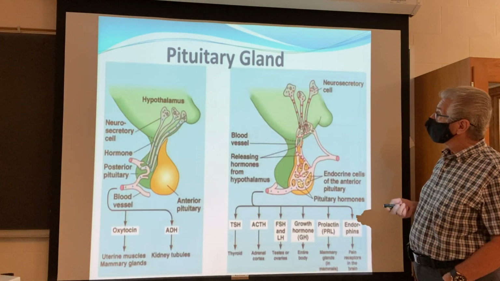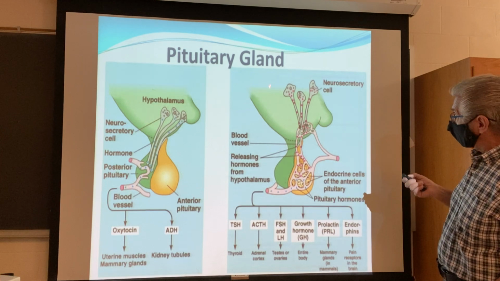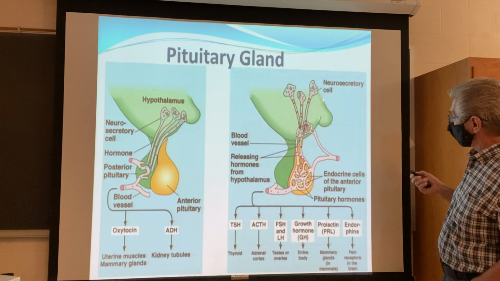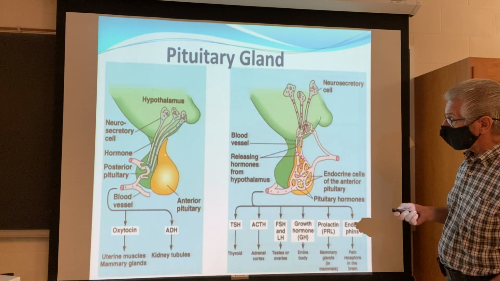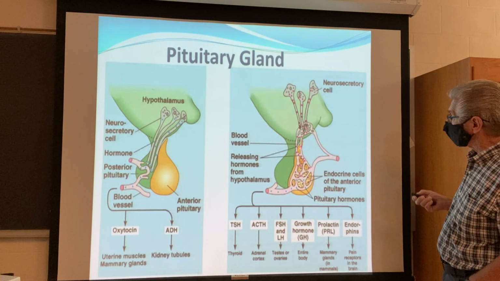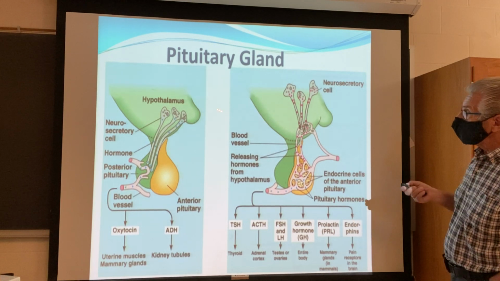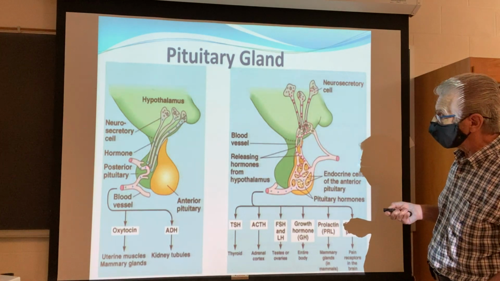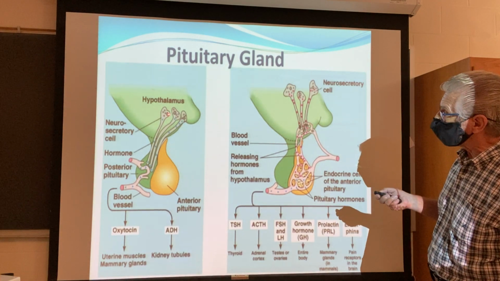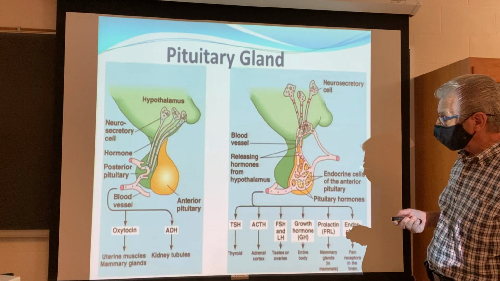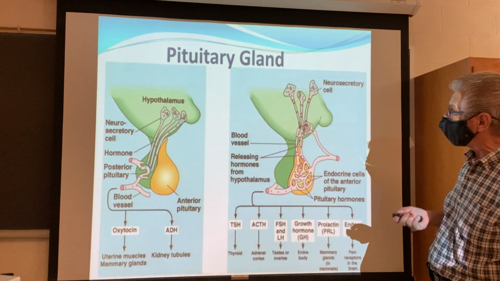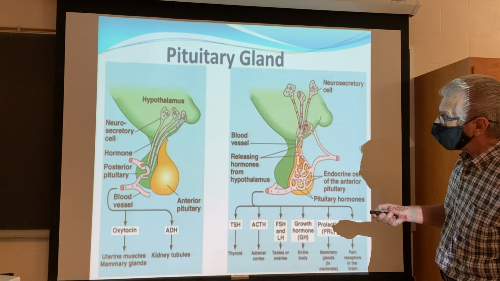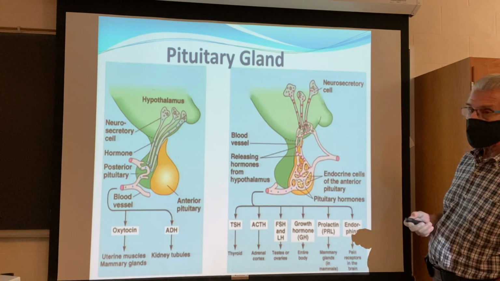Very good. Here we see a more visual comparison between the posterior pituitary and the anterior pituitary. And here you can see direct neural stimulation for the release of oxytocin and ADH, to the kidney tubules, uterine muscles, and mammary glands. I like the way they have shown the affiliation of our capillaries.